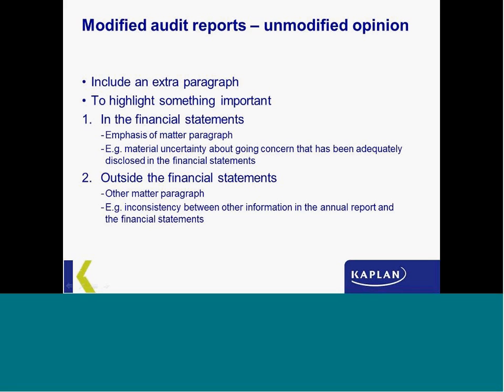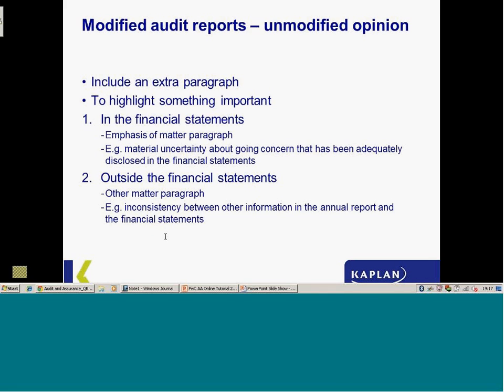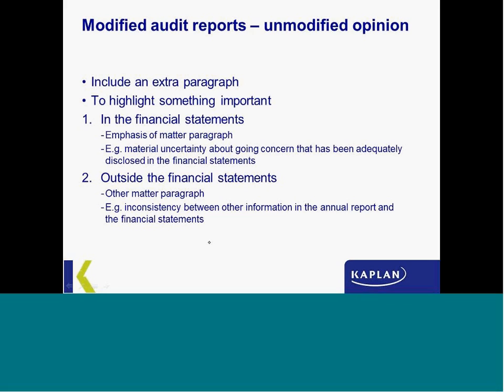It's something important outside the financial statements. So the example that I gave was the chairman's report. That goes in an other matters paragraph. Consistency between other information in the annual report and the financial statements. Here the financial statements show profit having increased by 10%. Chairman's report, they're saying profit's gone up by 25%.